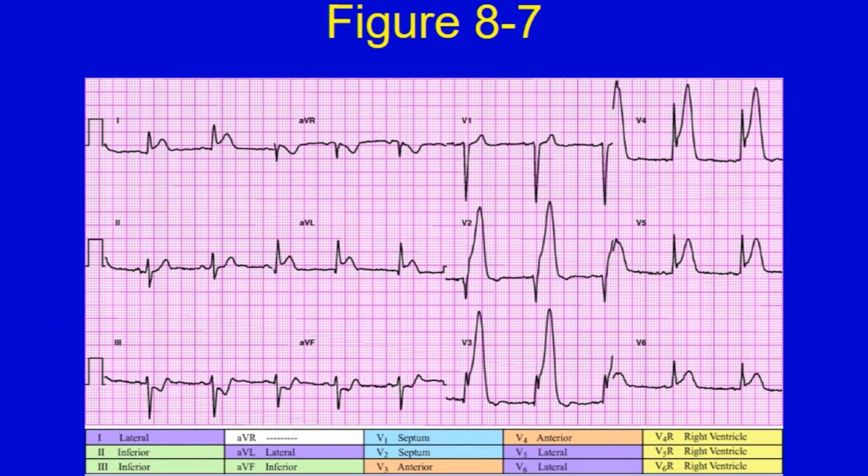That's the earliest stages of an MI. That's also the ones with ST elevation, aren't they? You may get there so early that all you see is the T waves in that shape and not any elevation yet.